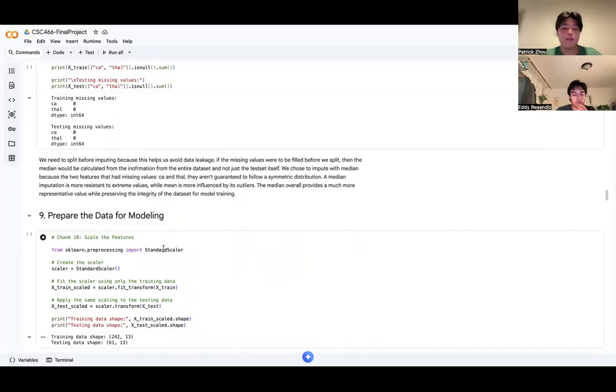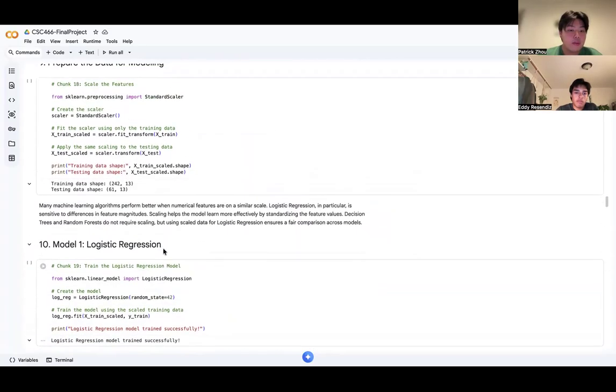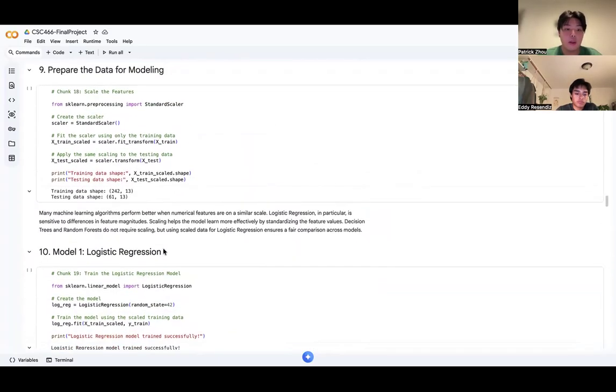Decision trees and random forests do not require scaling, but using scaled data for logistic regression ensures a fair comparison across the three models. And here's the implementation of our first model, the logistic regression model.